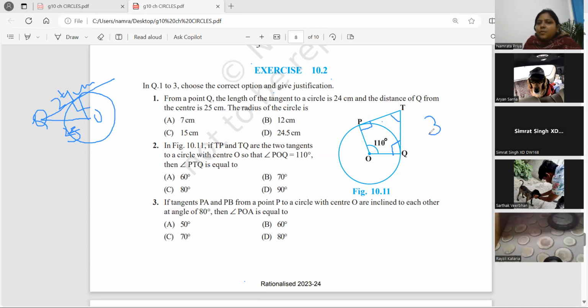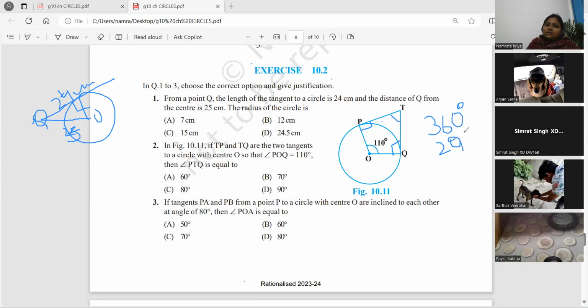By the angle sum property of the quadrilateral, the total will be 360 degree, isn't it? So 90, 110, 90. How much is it? Total 200 and 90, so 290.